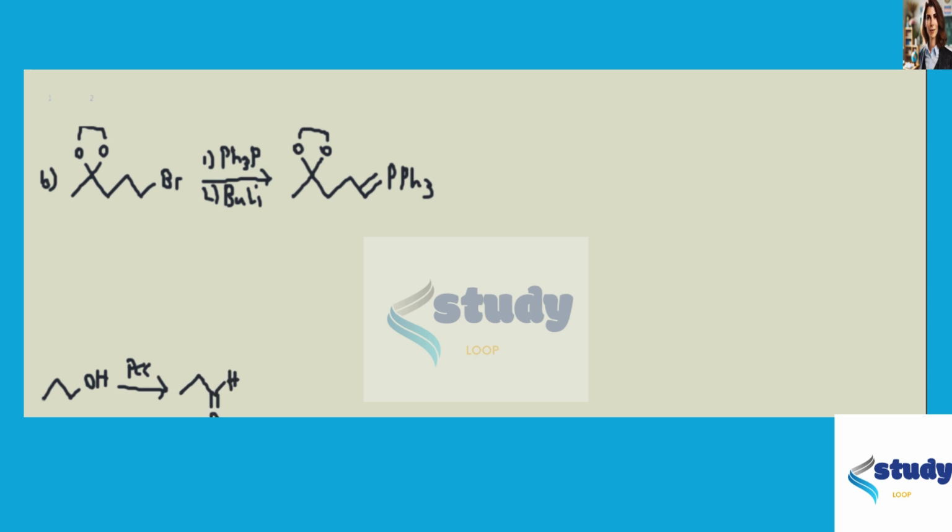Oxidize with PCC. We get the aldehyde that we need. And so we can use that aldehyde with our Wittig reagent. And that is going to get us to here.